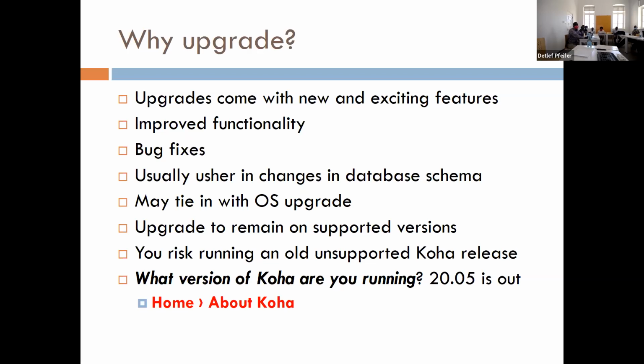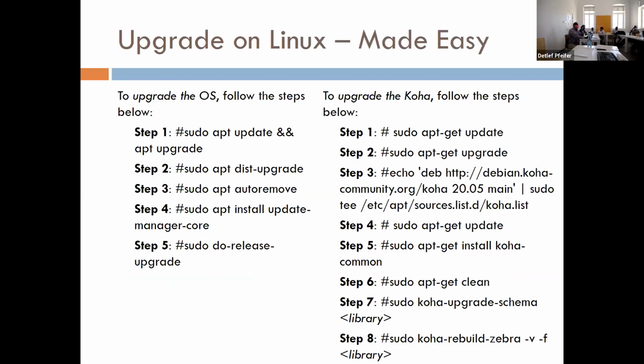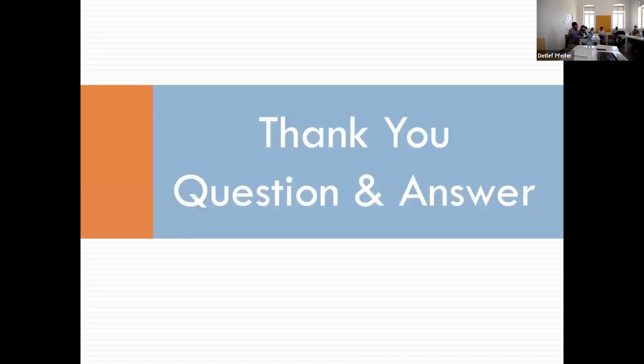I wanted to find out what version of Koha you are running at the moment. Is it still within support or not supported anymore? And this is just an upgrade procedure, which you can follow on Linux. I don't use Windows when handling this open source system, so I don't know how it works in Windows, but it should be similar.